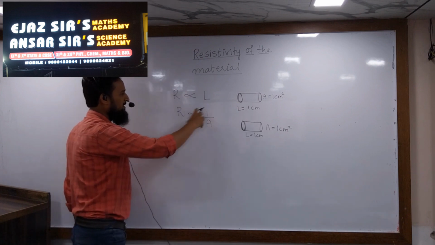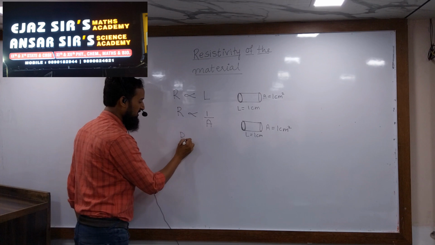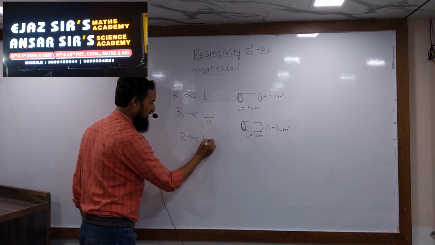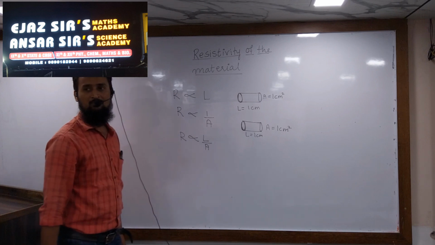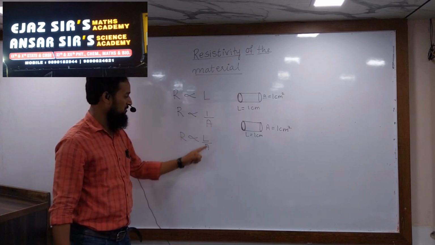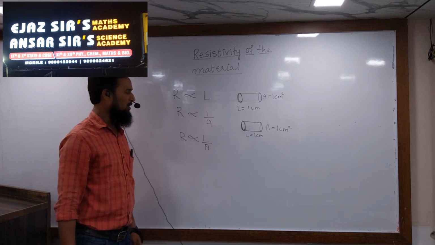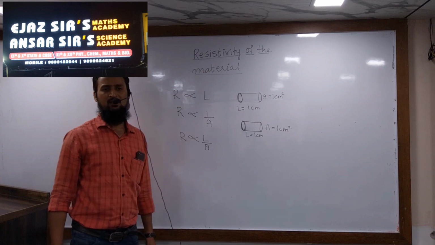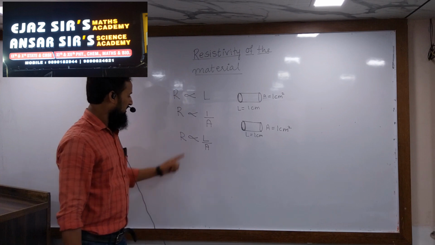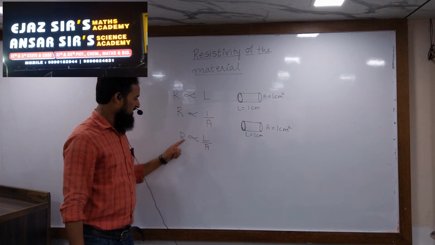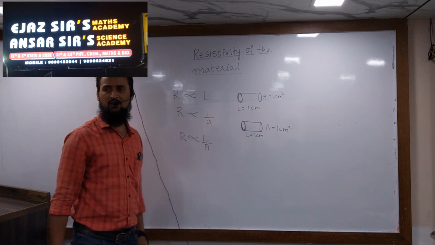If we join these two together, resistance is directly proportional to length and inversely proportional to area of cross section. And now a question arises in my mind. Resistance depends on length and on area of cross section.